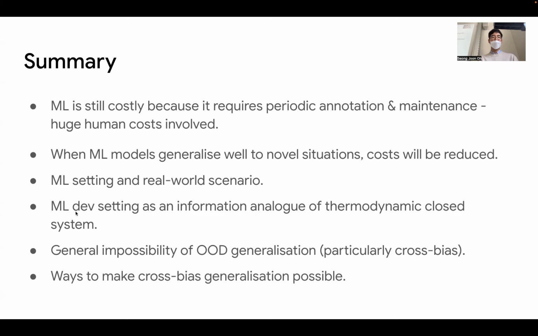The machine learning development setting is like an information analog of thermodynamic closed systems, so you should not expect new information to be born out of this system. OOD generalization, particularly cross-bias generalization, can be completely impossible. And there are some axes where cross-bias generalization is again made possible.